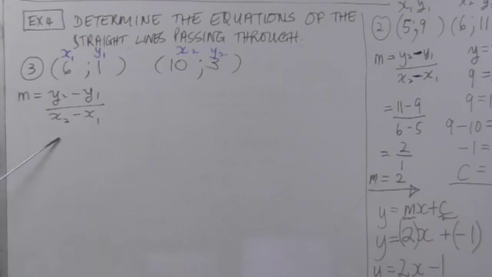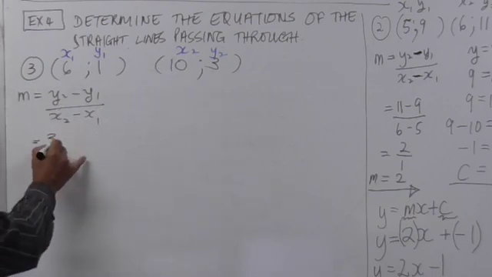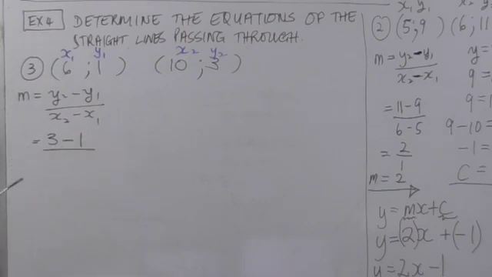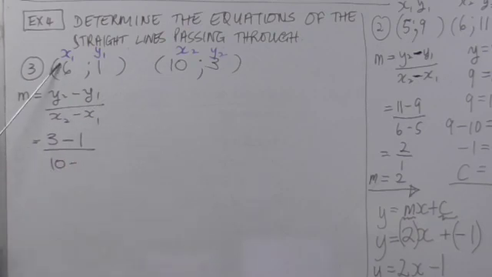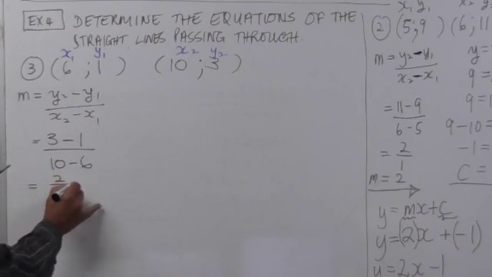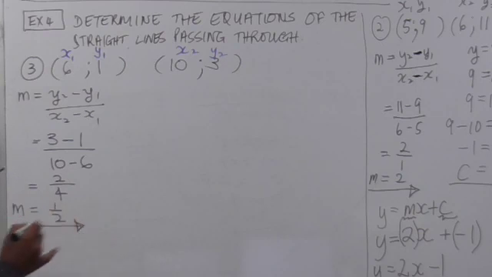And now substitute. Now y2 is 3 minus y1 is 1 over x2, which is 10, minus x1, which is 6. 3 minus 1 gives you 2, 10 minus 6 gives you 4, and this final answer is half. So M is actually half.